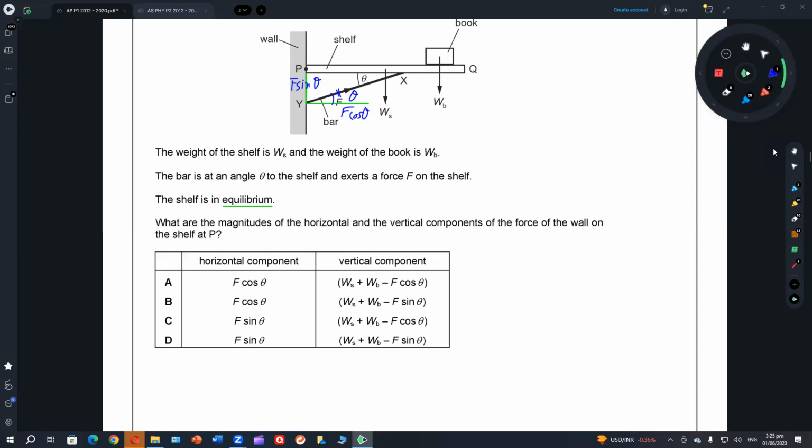There is no competition for the horizontal component. There is only one horizontal component, which is F cos theta. So F cos theta has no competition.